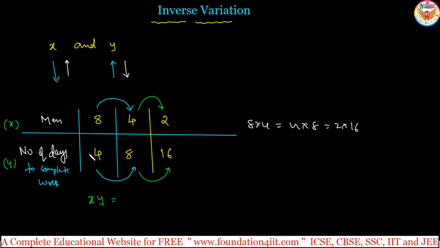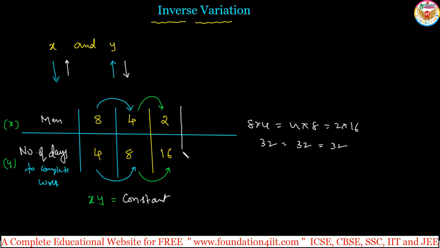If you multiply the first quantity and second quantity, you get the same number. 8 4s are 32, and 16 2s are 32, right? So x into y equals a constant. The product of the first quantity and second quantity is always constant for inverse variation. Let us see the example now. Remember, first into second quantity always remains the same.